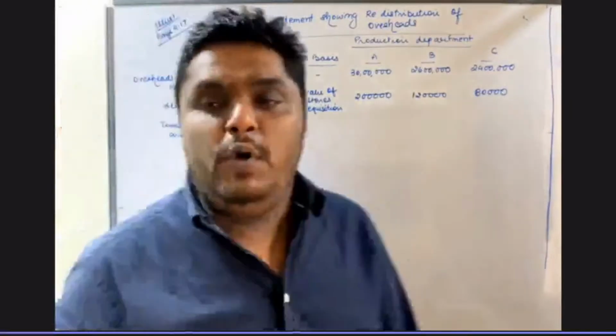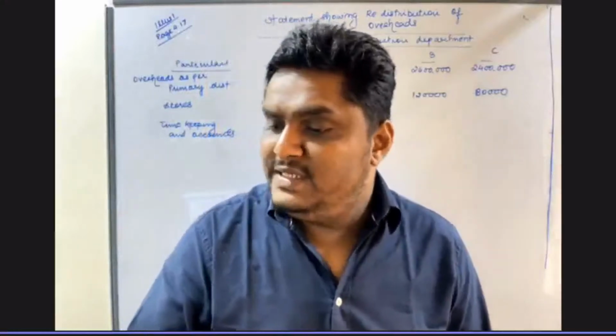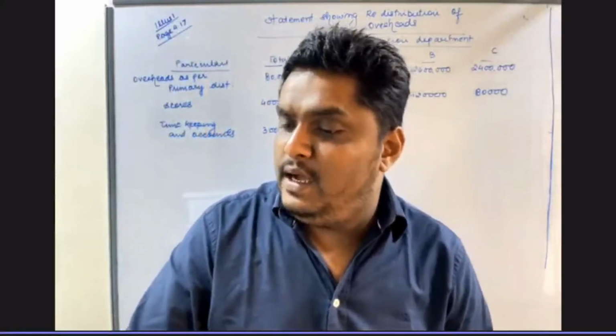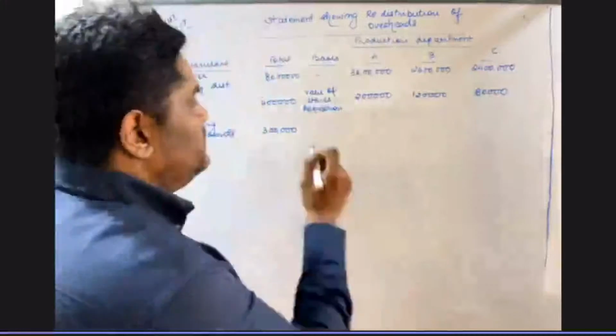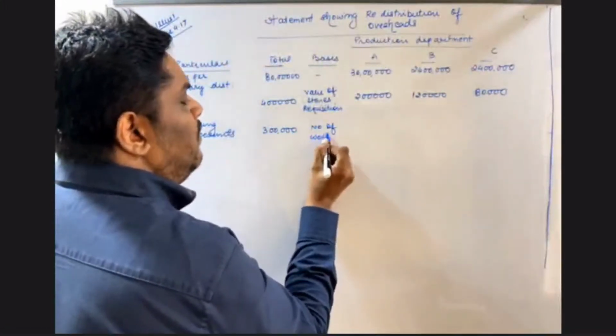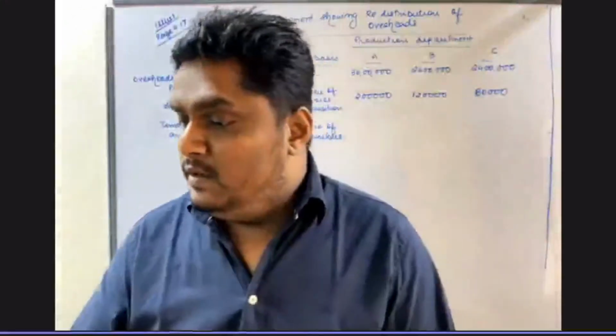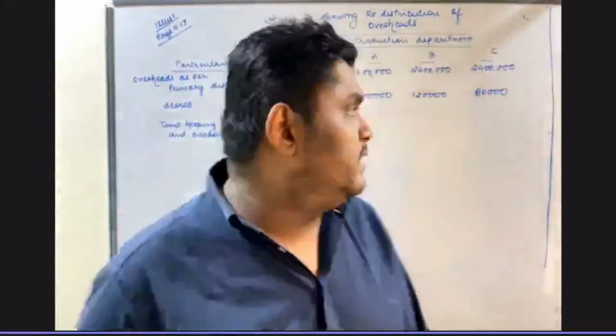Now the most appropriate basis of distribution of timekeeping and accounts is number of workers. So we'll distribute in the ratio of number of workers. That is 50, total 50 workers are there.